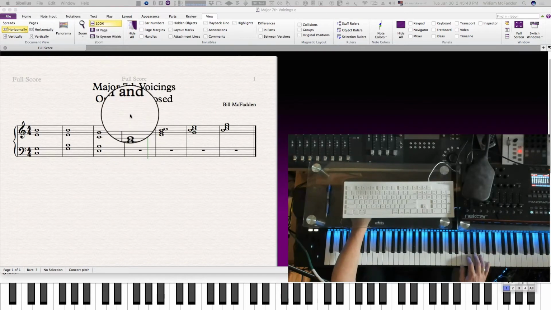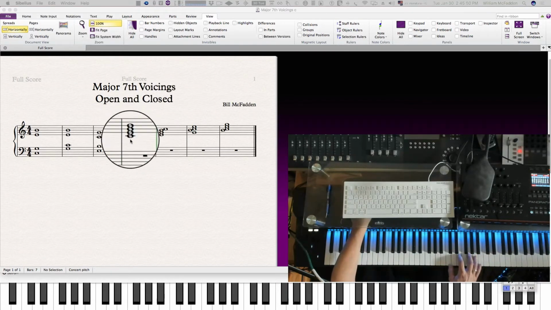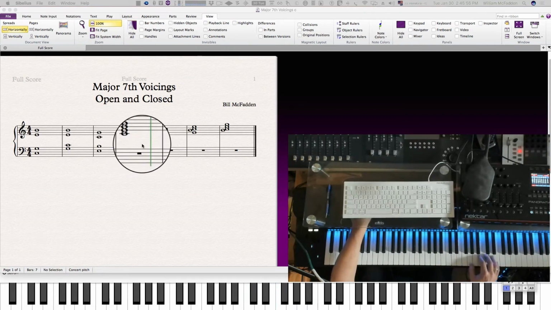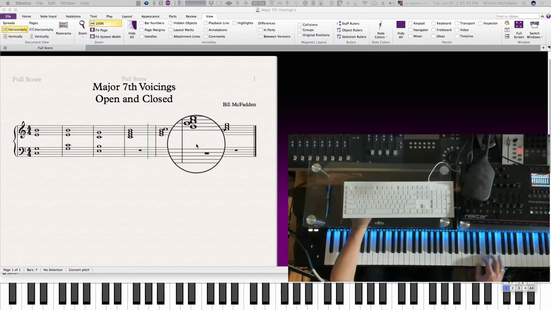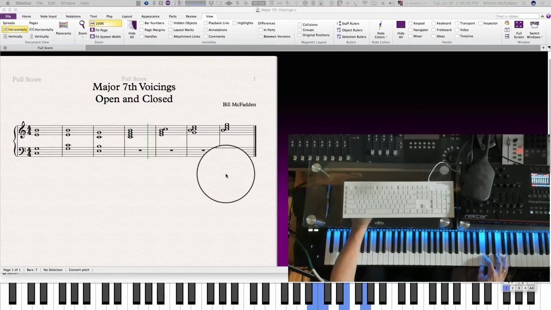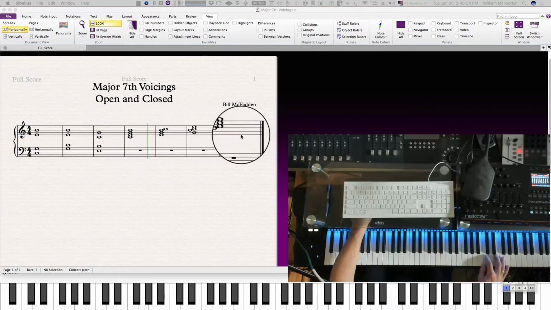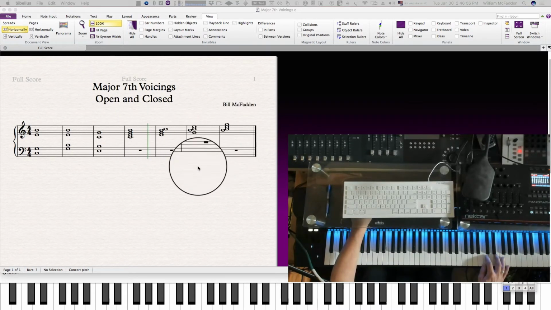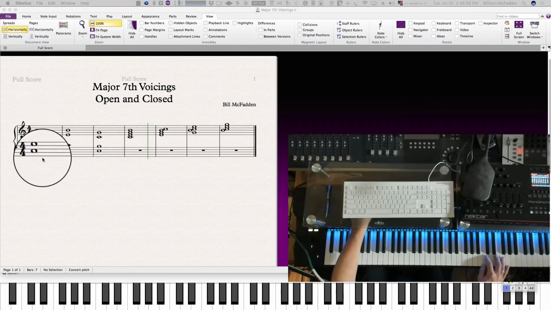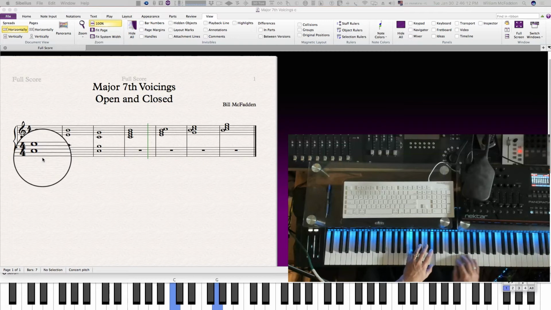So we have these voicings up here, which are root, first inversion, second inversion, and third. We have those voicings, but if we spread them out, these are called closed voicings because the notes are relatively close together. But if we spread them out, like in here, we take the C and the G, and then we put the E and the B on top.